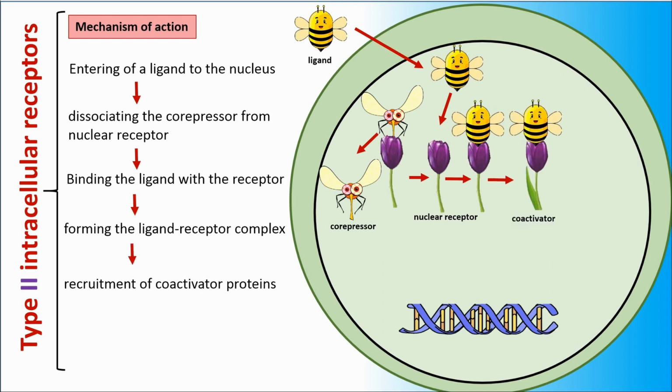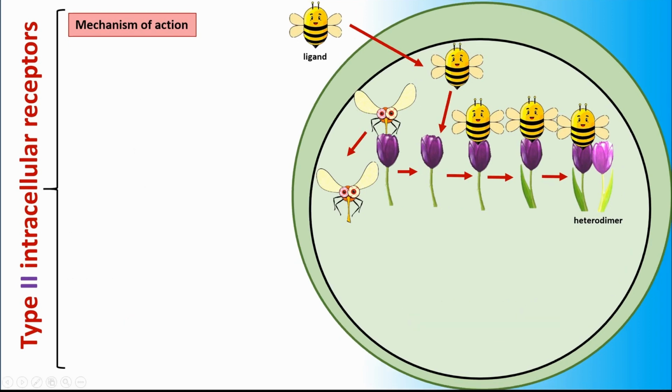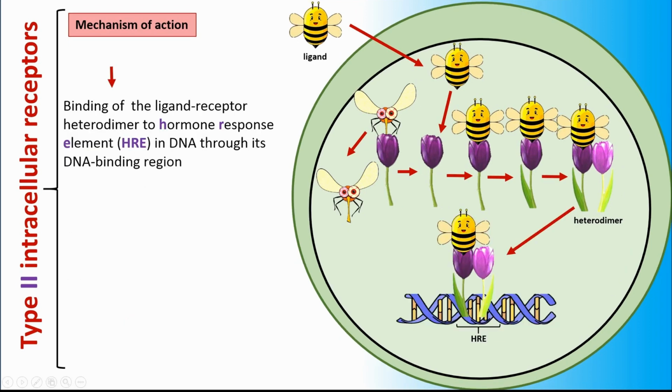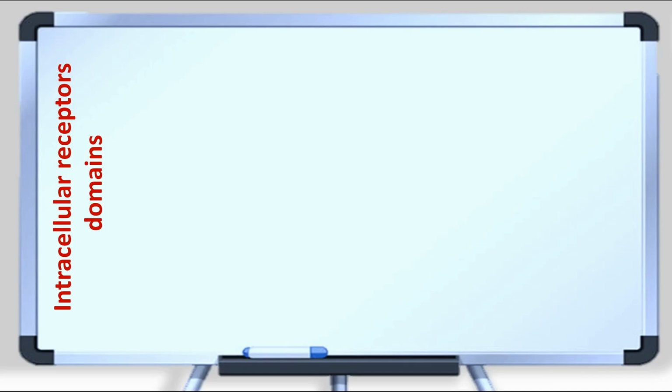After that, recruitment of coactivator proteins and forming a heterodimer. The next step is binding of the ligand-receptor heterodimer to hormone response element or HRE in DNA through its DNA binding region. Finally, prompting of the initiation of transcription.